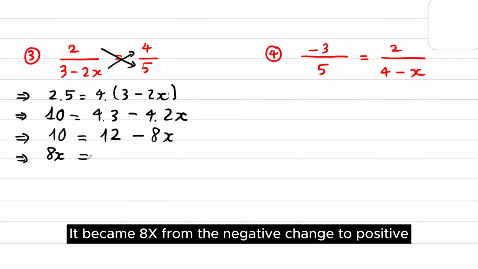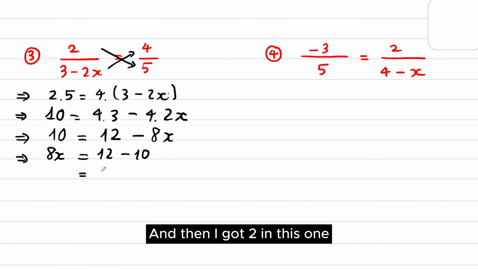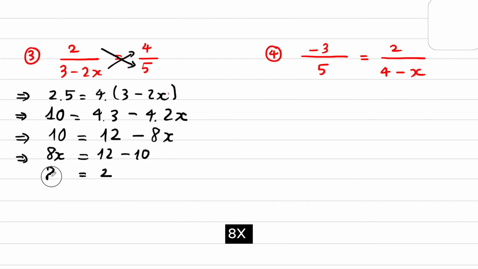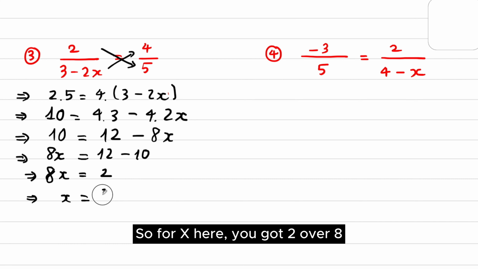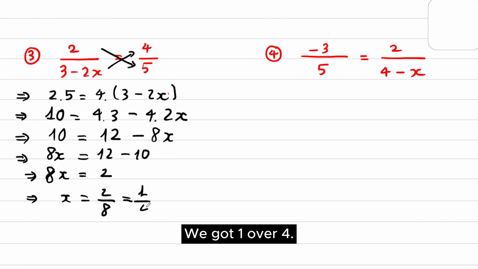It becomes 8h only; negative changes to positive. And 10 from the left, I move it to the right, and then I've got 2 in this one. Okay, 8h. So for h here, you got 2 over 8. Simplify it by dividing both numerator and denominator by 2. We got 1 over 4.